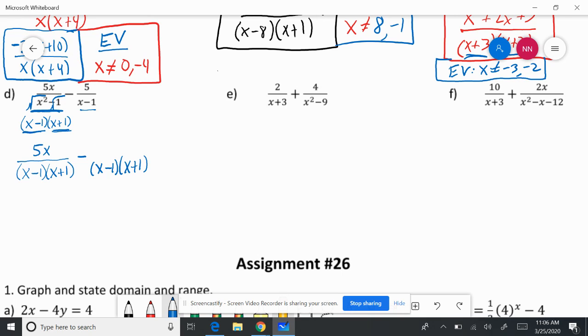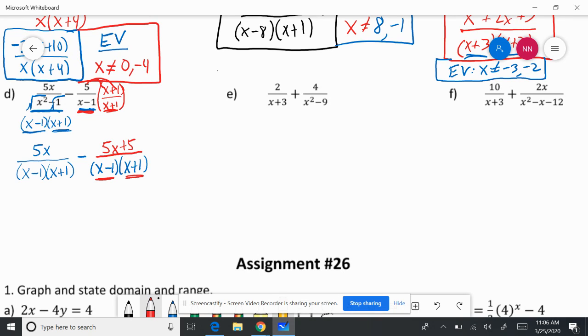For the second one, it has an x minus 1, but if we're looking closely, it's missing an x plus 1. So we have to multiply it by an x plus 1. Now it has the common denominator, and we distribute the 5 to each of the terms. 5x plus 5.